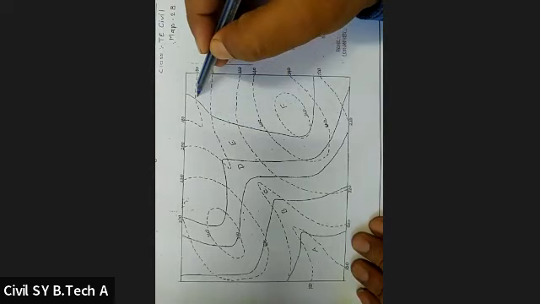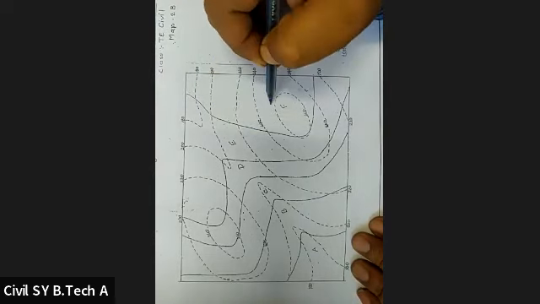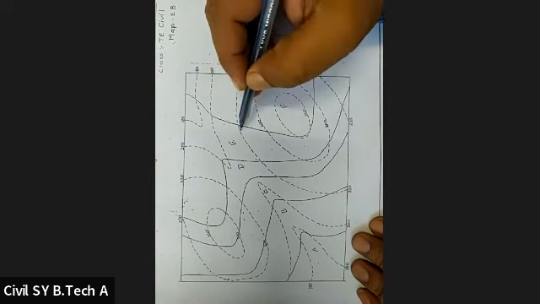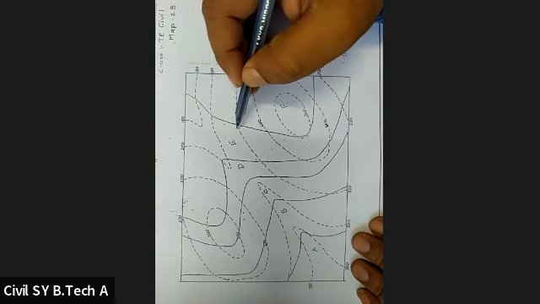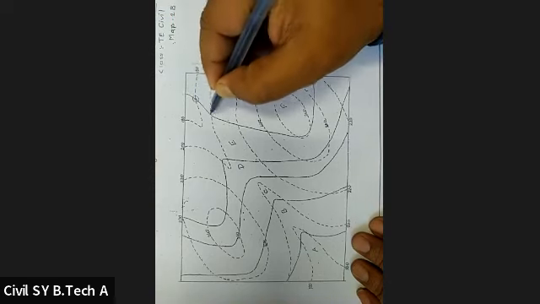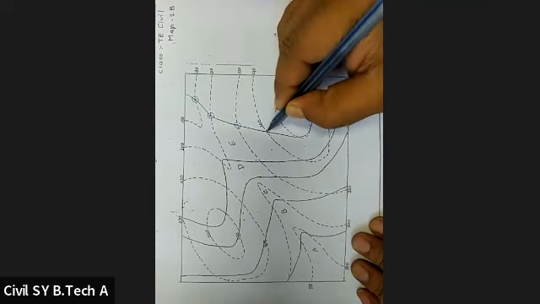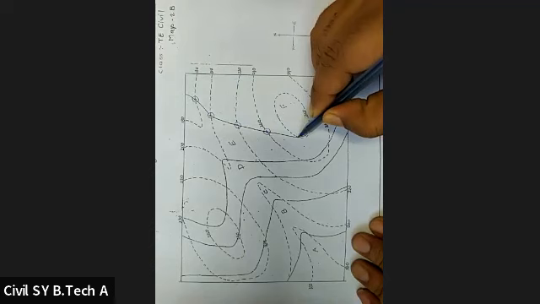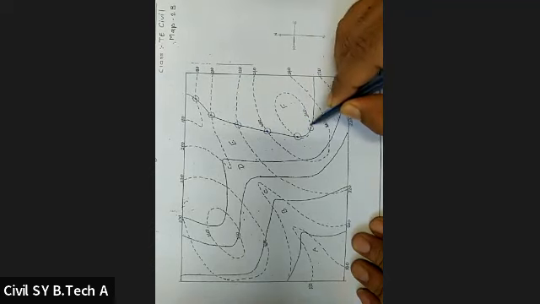This continuous line is one bedding plane which separates the E and F beds. The E and F beds are separated by this bedding plane. So I just mark the intersection points of this bedding plane. Okay, like this.